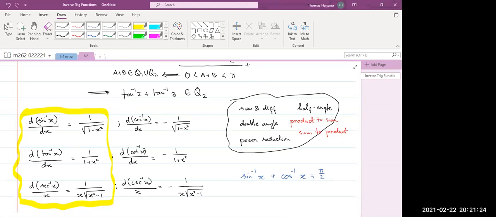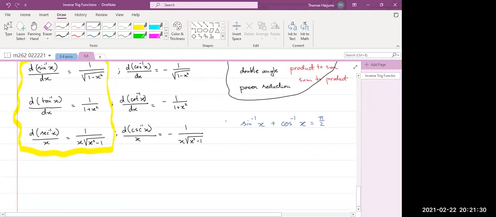If you can prove that, then, so this is the first thing we need to prove, okay? And I will show you later on. Then once the first one is true, then the second one is basically implicit derivative. If you do implicit differentiation, then the derivative of sine inverse x with respect to x plus the derivative of cosine inverse x with respect to x is equal to the derivative of a constant with respect to x, which should be 0.